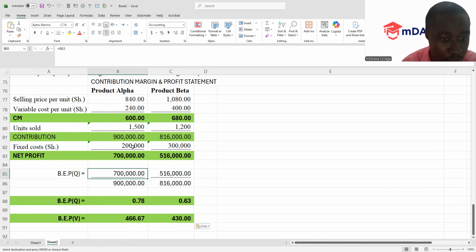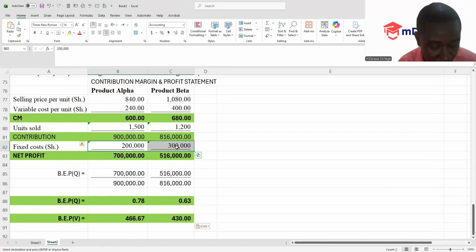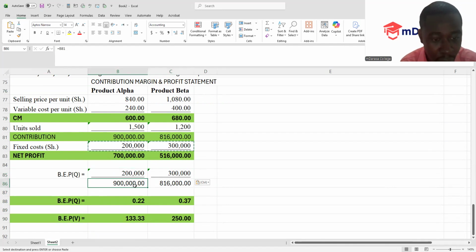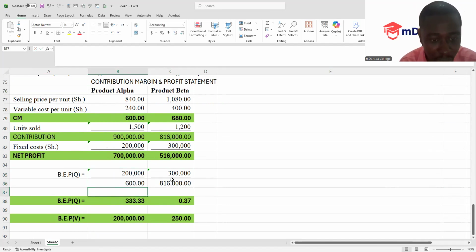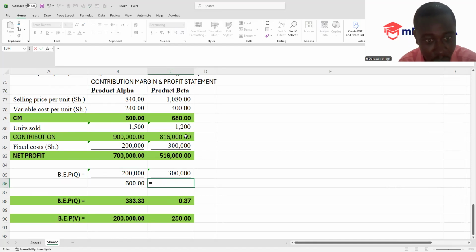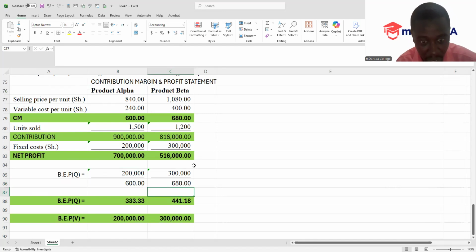So we take our fixed cost, which will not be affected. But what has been affected in this case is our contribution margin. Contribution margin has been affected.